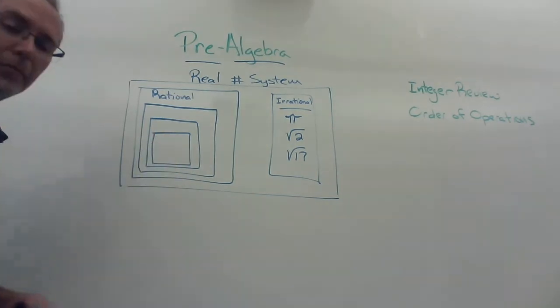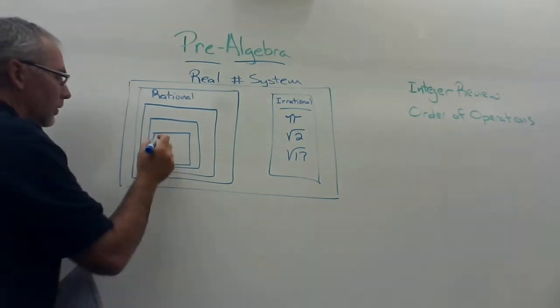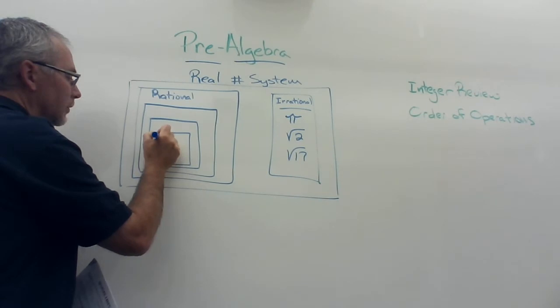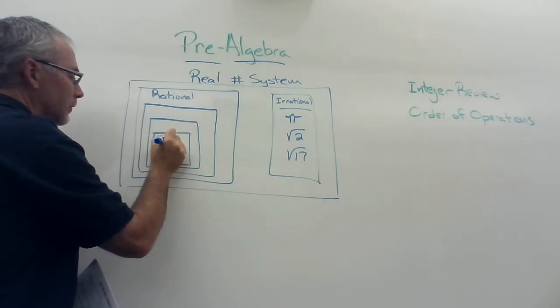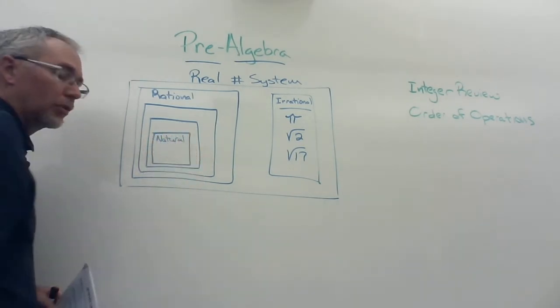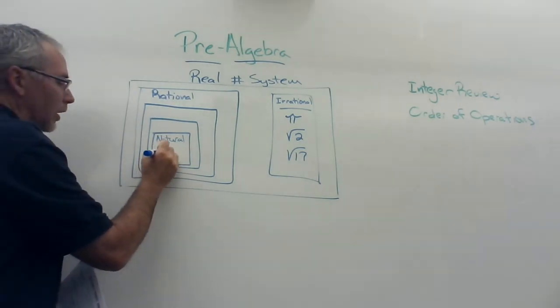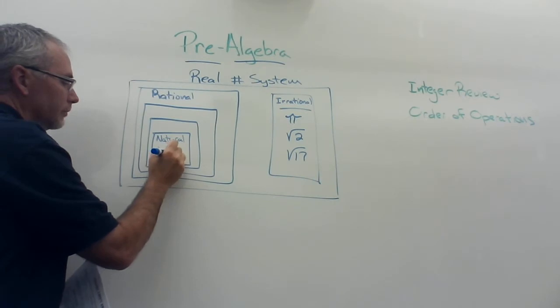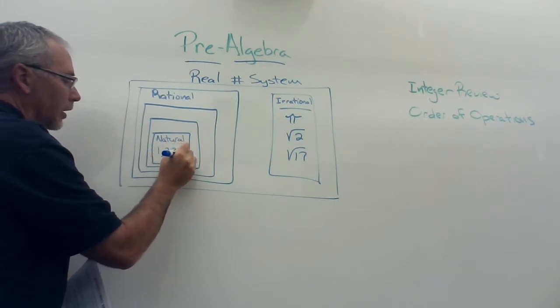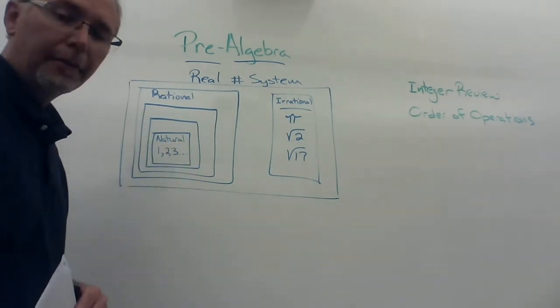Our smallest subset of rational numbers are what we call natural numbers.